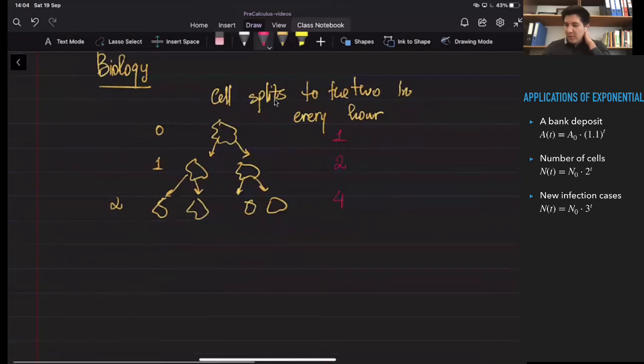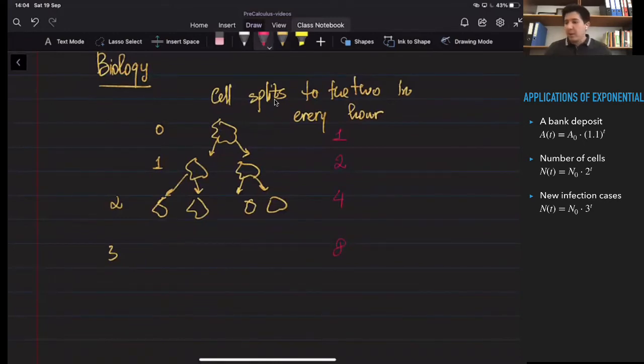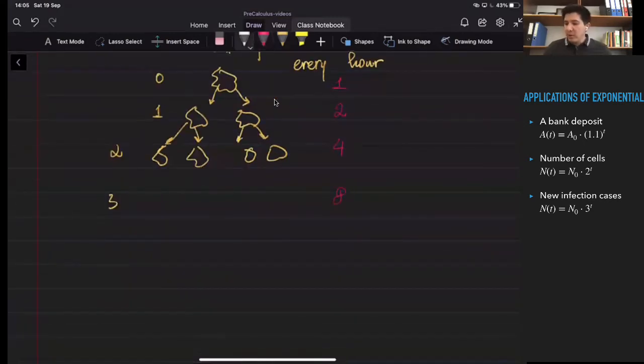Can you guess how many cells you're going to have after 3 hours? Every one of your 4 cells is going to split into 2, so this is going to be 8 cells, right? So if I would like to know the number of cells after t hours, it's going to be simply 2 to the power of t.